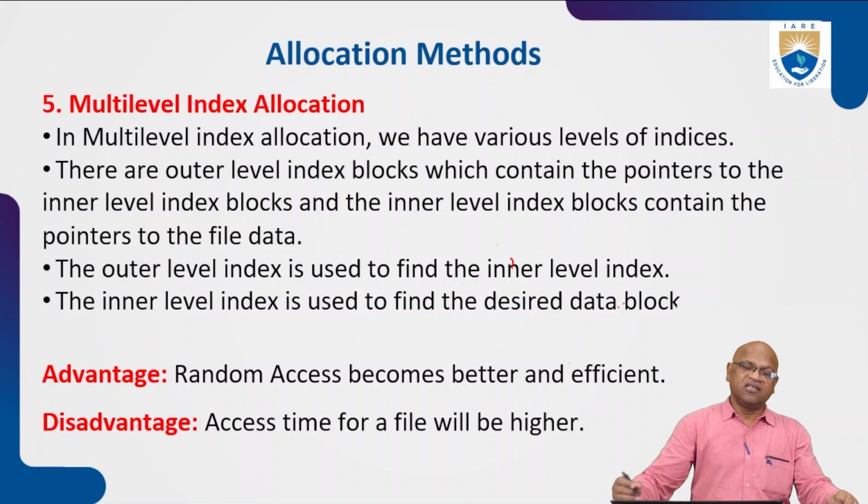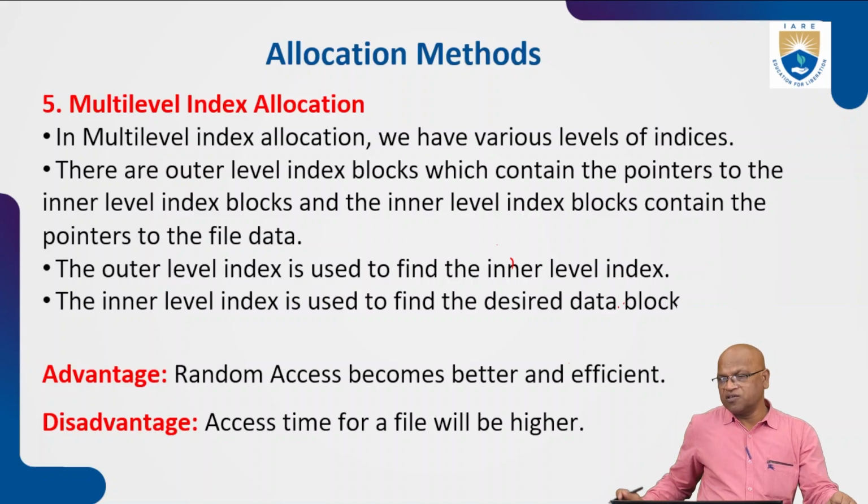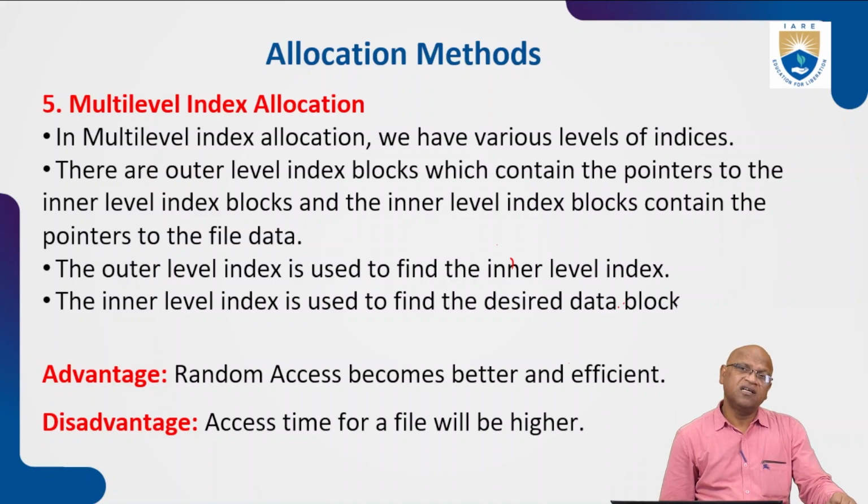So if you want to access a particular block, we first have to search the index blocks to find which index block the data falls in, and then go there. So random access becomes better and efficient. That is the advantage of multi-level index allocation, and we can save large files in it also.